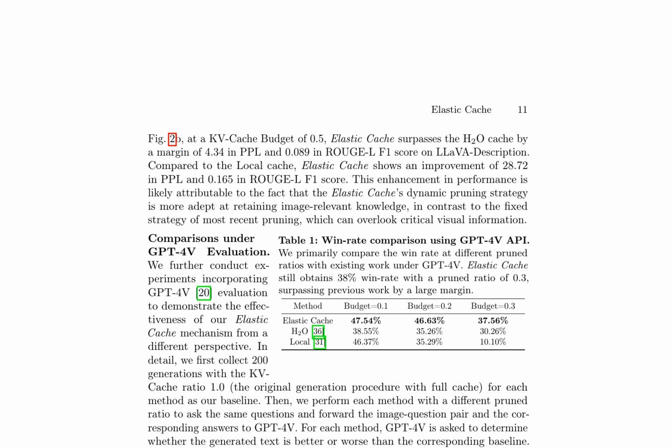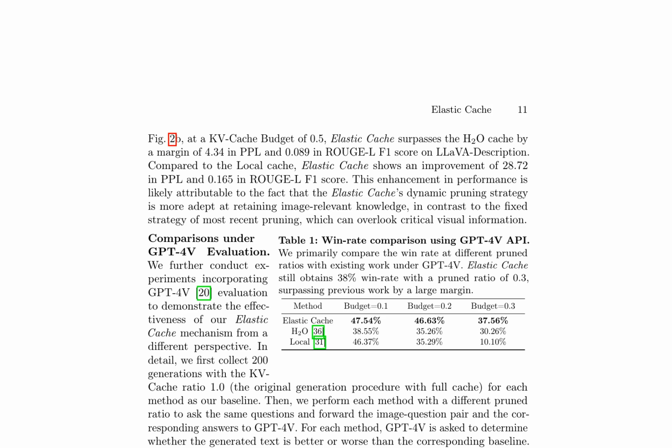The dynamic pruning strategy of elastic cache effectively retains image-relevant knowledge, resulting in improvements of 4.34 in perplexity and 0.089 in ROUGE-L F1 score compared to H2O cache, and 28.72 in perplexity and 0.165 in ROUGE-L F1 score compared to local cache.